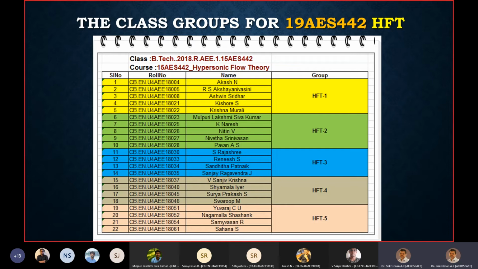So I just named the groups HFT1, hypersonic flow theory HFT, HFT1, HFT2, 3, 4, 5, etc. We'll use this pattern for team and group assignments. I would also like the whole internal assessment to be a part of this, not only the presentations but even the day-to-day discussions.